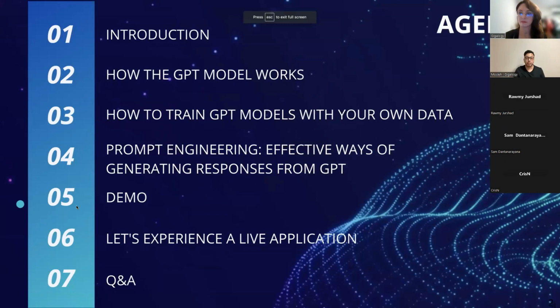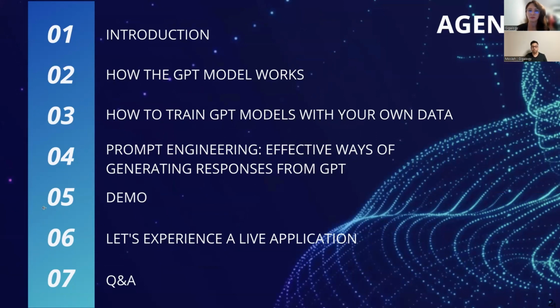All right. So as Perrine also mentioned, we have quite a lot of things to talk about today. First of all, obviously, I will talk about how the GPT model works, and then we'll jump into how we can use our own data to get the most of GPT models.